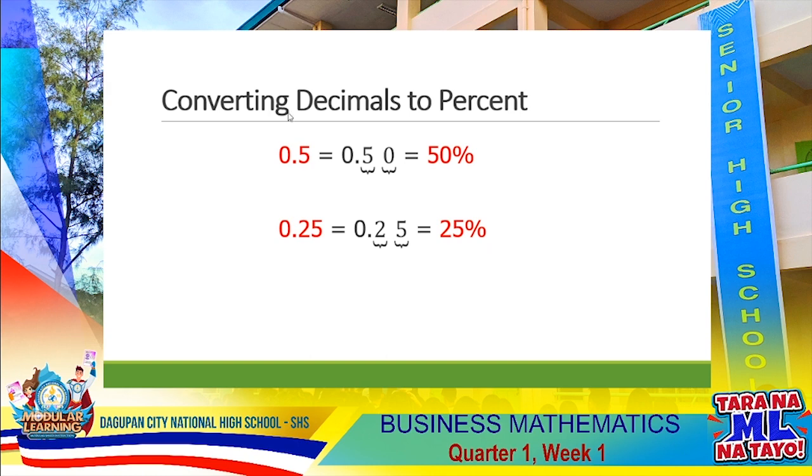In this example, 0.25, moving the decimal point 2 places to the right and then affixing the percent sign. Therefore, 0.25 is the same thing as 25%. 0.5 is the same thing as 50%.